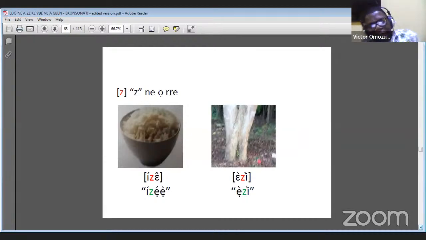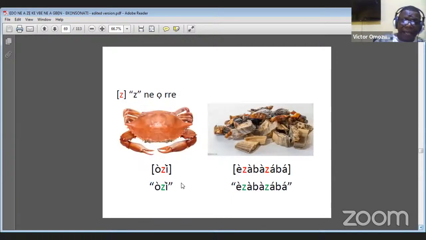Then let's go to Z. Ize, ezi. Ozi. You can see the crab, that is ozi.